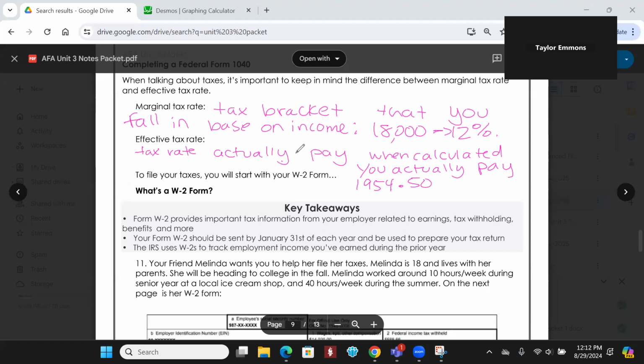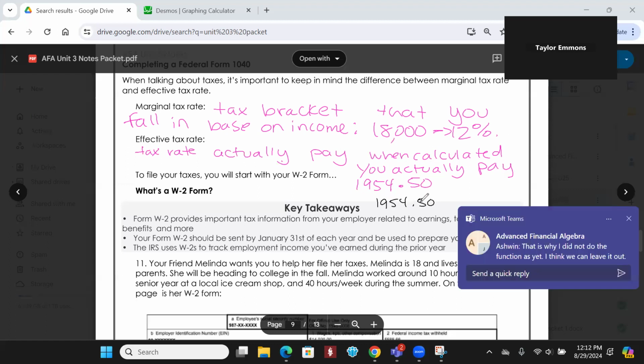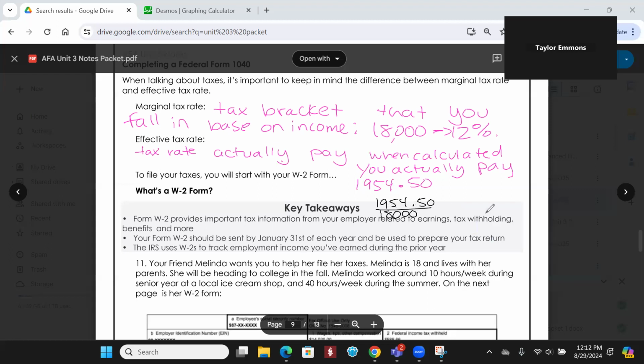And if you actually found the percentage on this one, you would say 1,954.50 divided by 18,000. That would actually be at a 10.9%. So you're not quite at 12%.